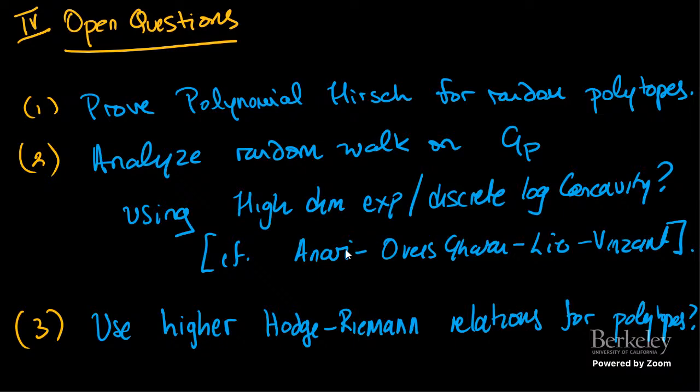But there's this very important work of Anari, Liu, Oveis Gharan, and Vinzant, where they analyzed random walks on matroids using a certain notion of discrete log concavity. So one speculative question is, can you use techniques like that to analyze any random walk on the vertices of a polytope? It's not too far-fetched, but we weren't able to figure it out.